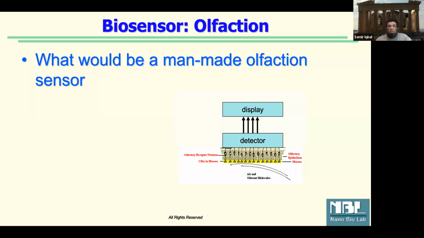So then if you can come up with something, we don't have to send living things to detect those. Maybe it's an explosive, maybe it's a virus, maybe it's some toxic material. You can send that device on a robot to detect those things. So, it's a classic example of a biosensor.